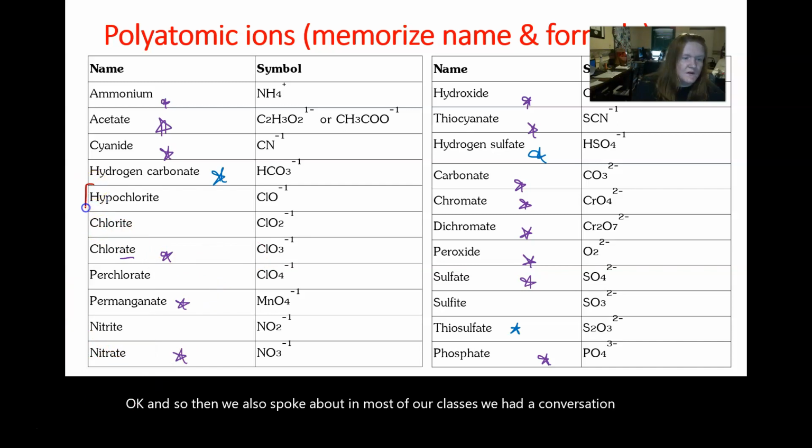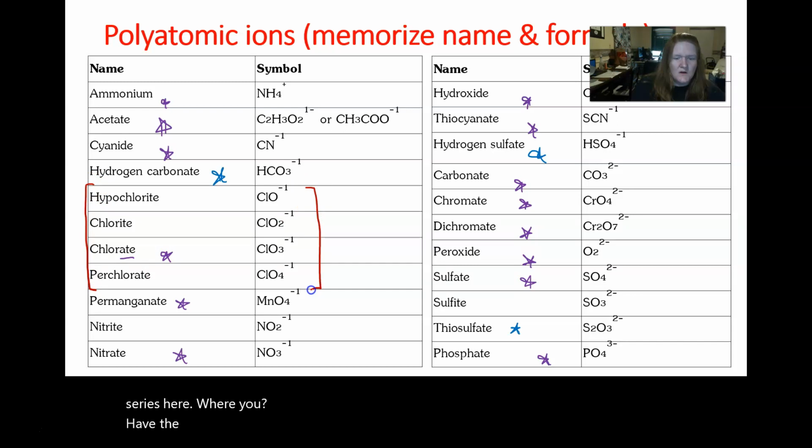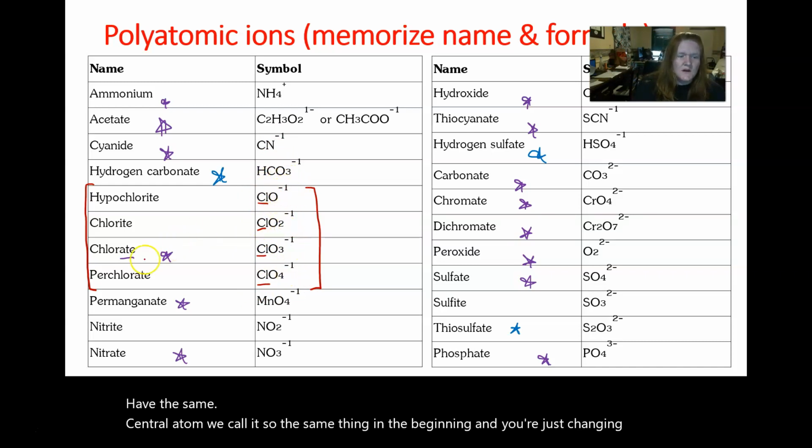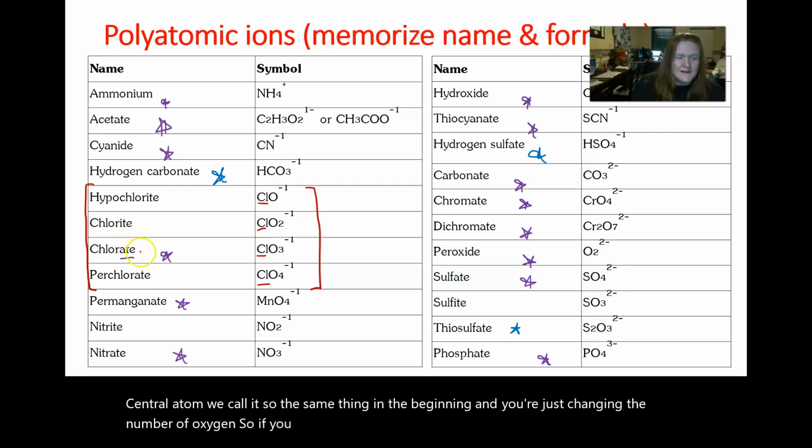Okay, and so then we also spoke about, in most of our classes, we had a conversation about the series here where you have the same central atom, we call it, so the same thing in the beginning, and you're just changing the number of oxygen. So if you know what the ATE ending, what the formula is for that, you can derive all the rest of these.